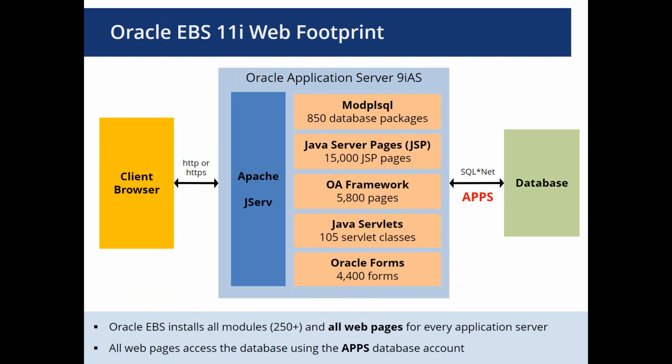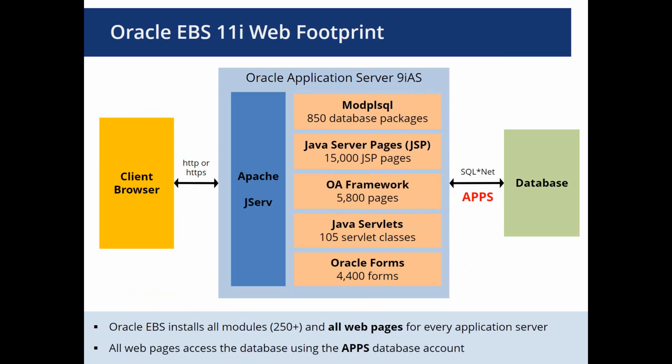So that was the release 12 architecture. Well, there was also release 11i that many people are running. Looking through the survey that you completed to join the webinar, a number of you are running 11i. So 11i is a little bit older architecture. It's very similar, but the mixture of the different pages is slightly different.